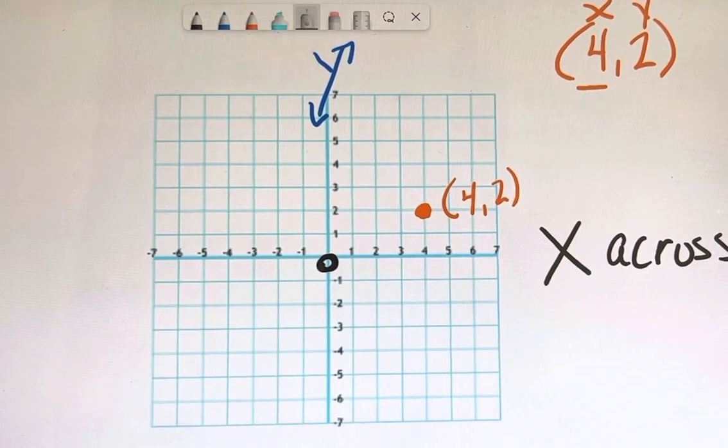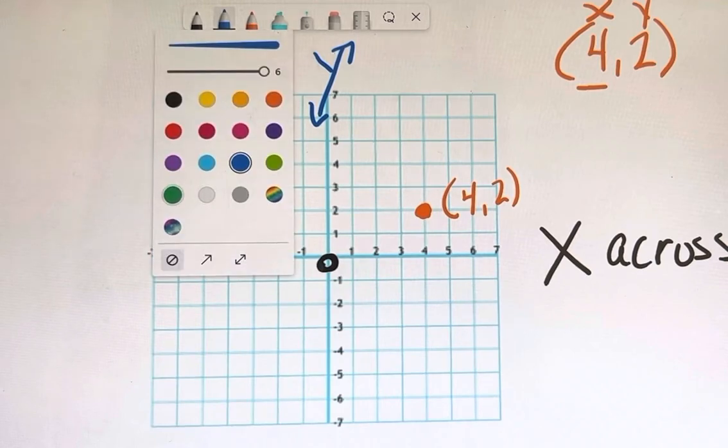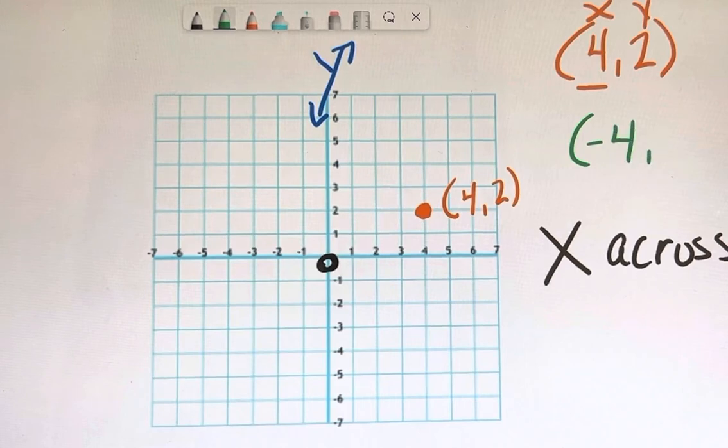Okay, so notice I went over 4 and up 2. Over 4 because that's what the x says, and up 2 because that's what the y says. Now you may have a point that looks like this. Let's change the color to green here. Let's say we have -4, +2. -4, again, this is my x.